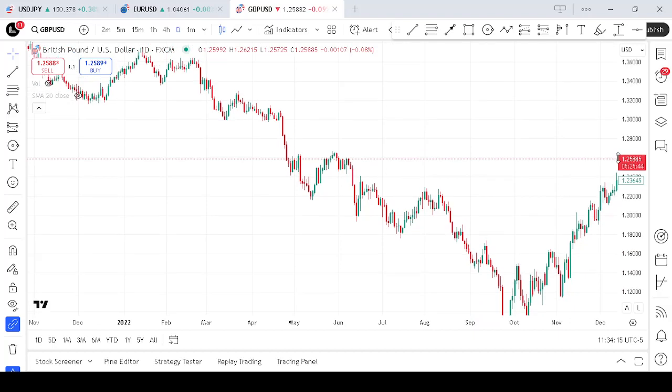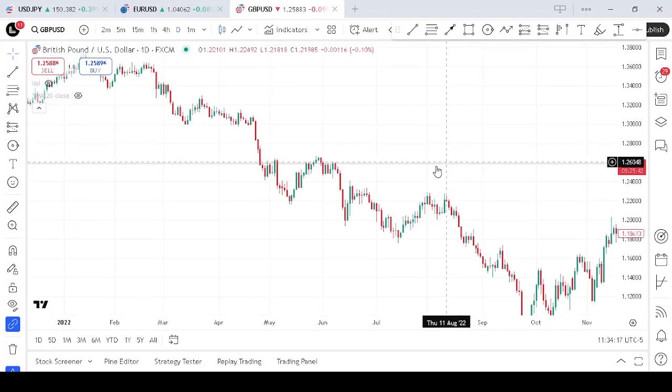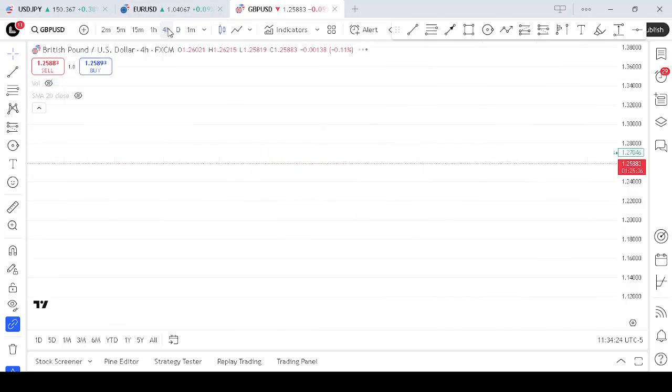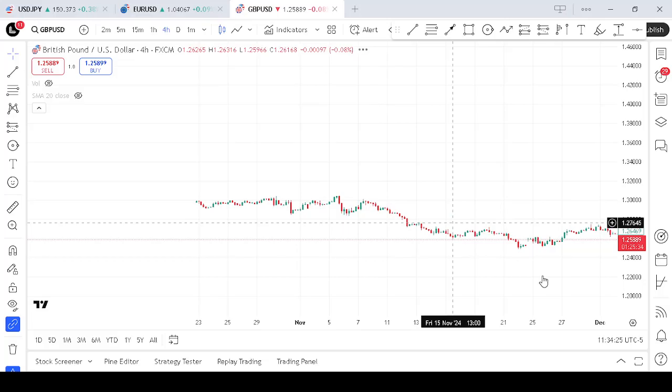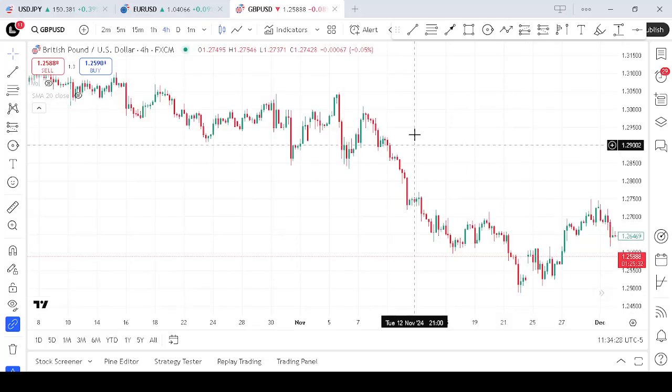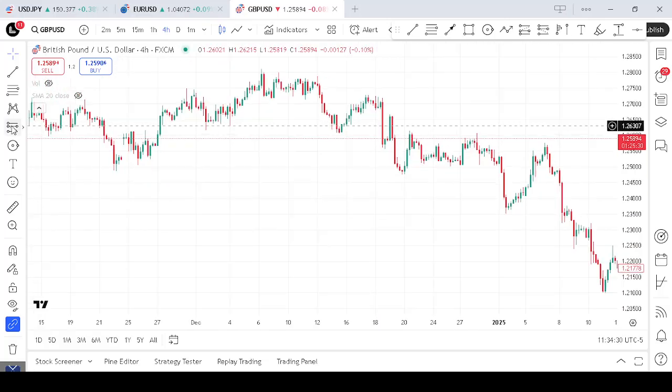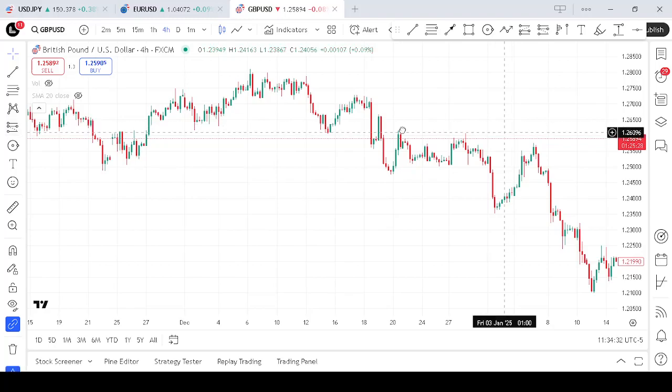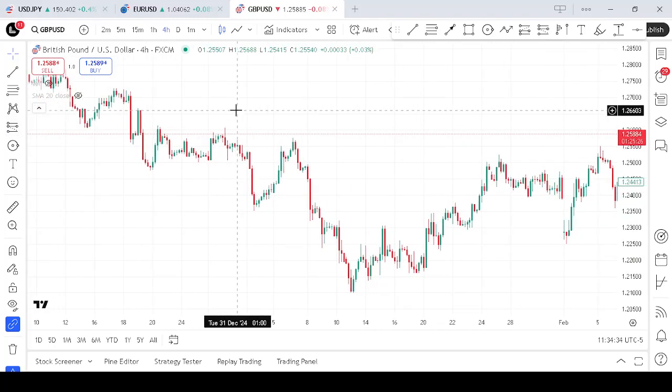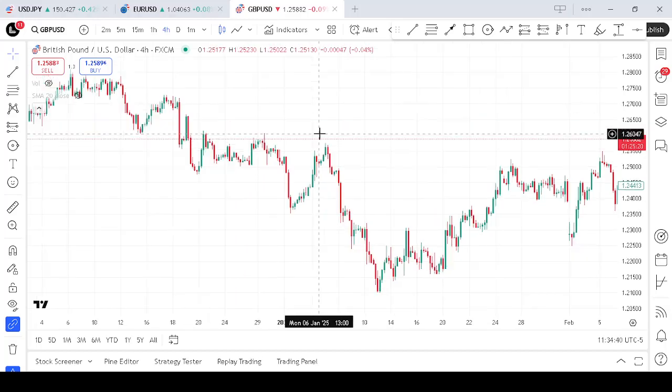Okay, from the chart we can see that this is the 4-hour GBP USD chart, and I will explain how we can make use of this strategy in this chart setup. First of all, we have to identify our direction on the daily time frame.